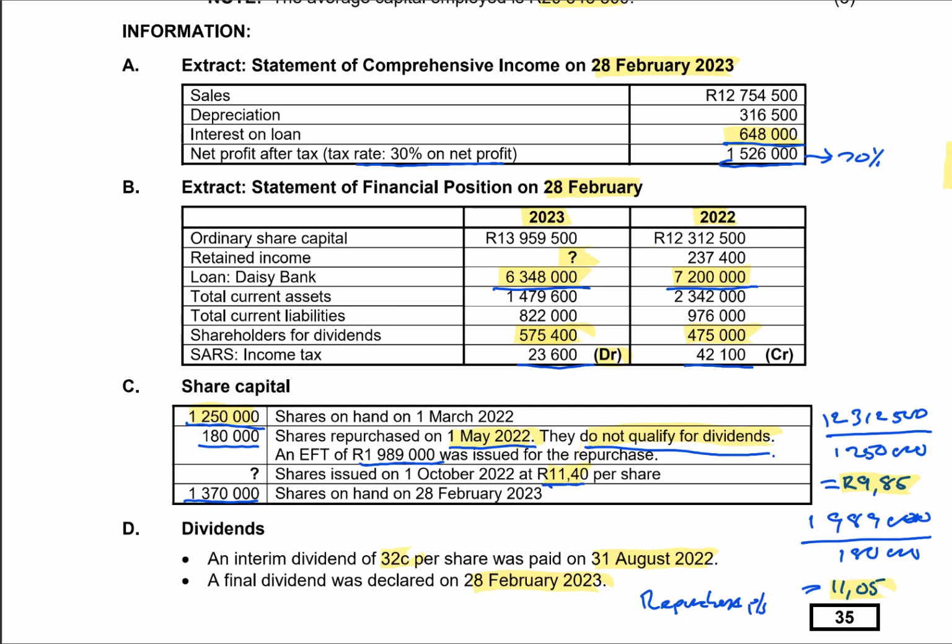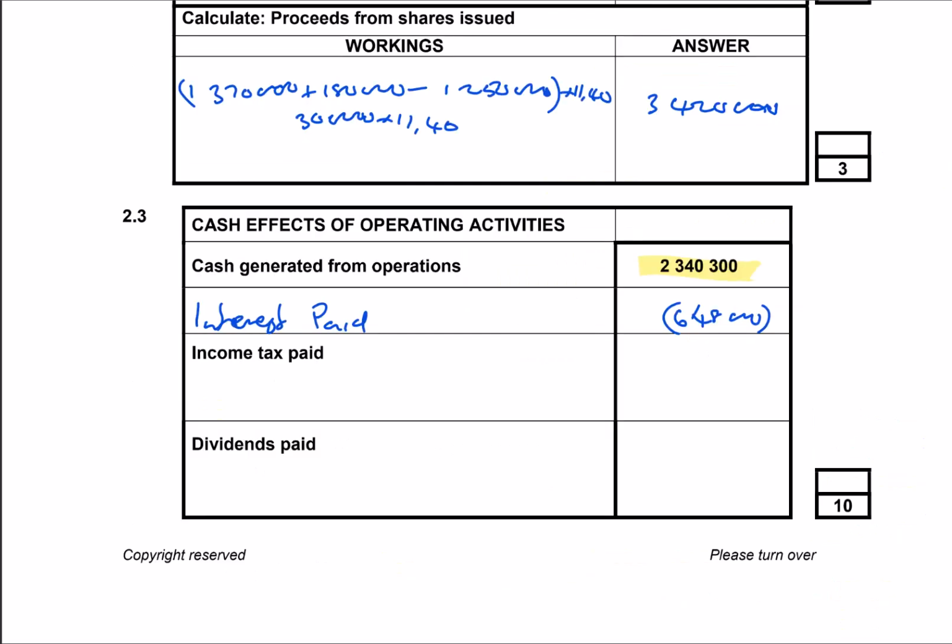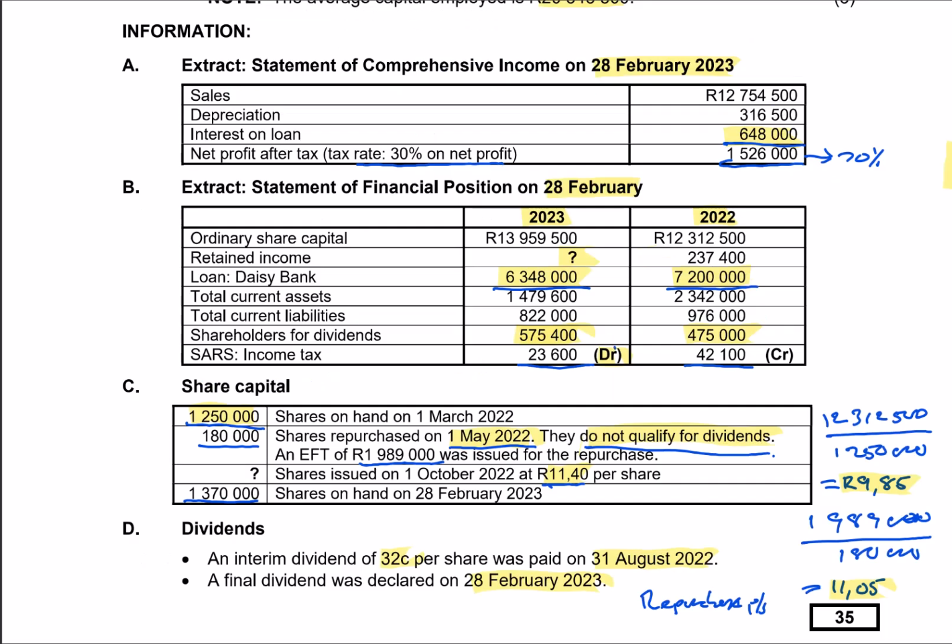So opening balance 42,100 plus 30 that we want to calculate over 70 that we're given, times 1,526,000, plus. The reason I'm saying plus is because this is a tax debit.